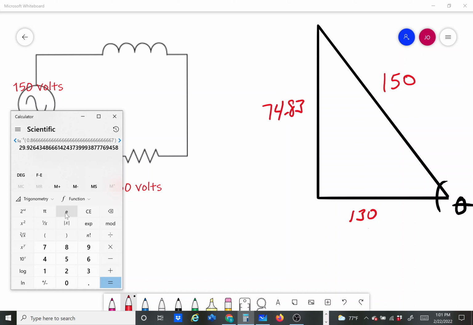Because this is an inductive circuit, it's ELI, right? ELI is inductive. So that means my voltage sine wave will cross 0 approximately 30 degrees, 29.93 degrees, sooner than my current sine wave. Okay? So I'm going to stick with this.